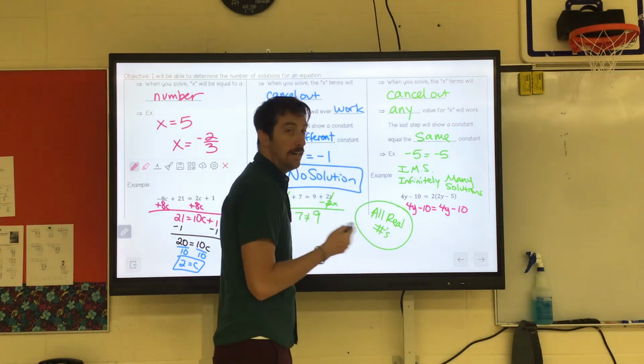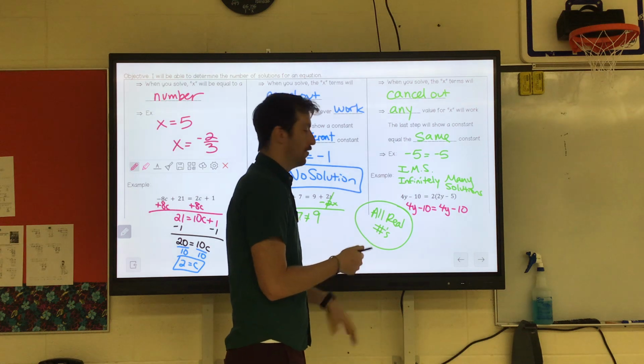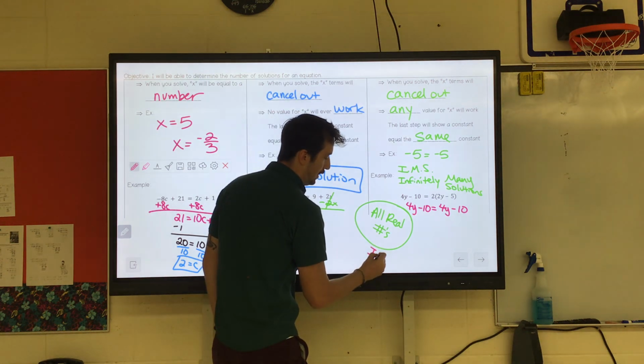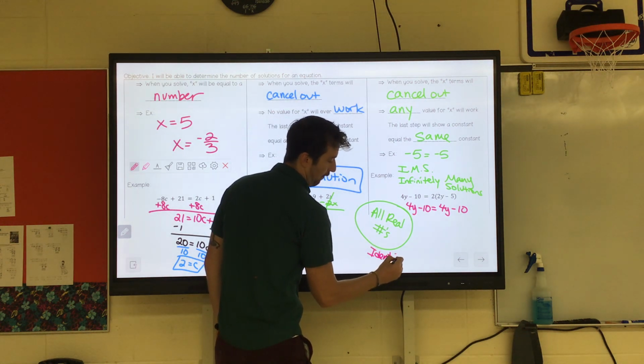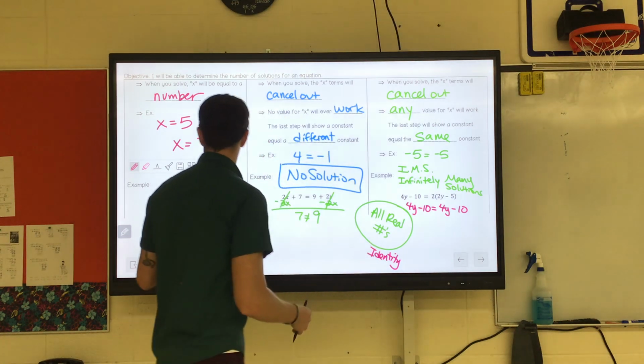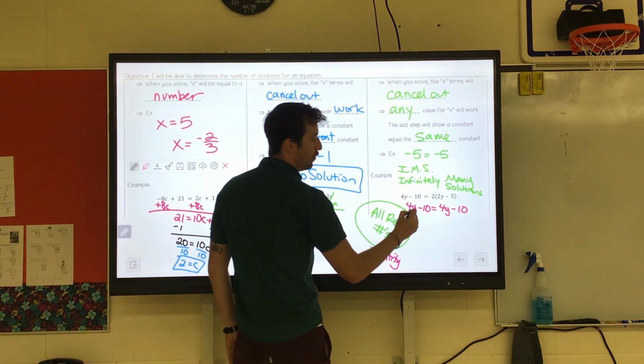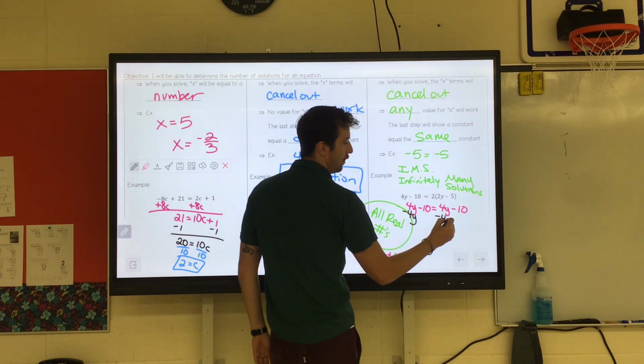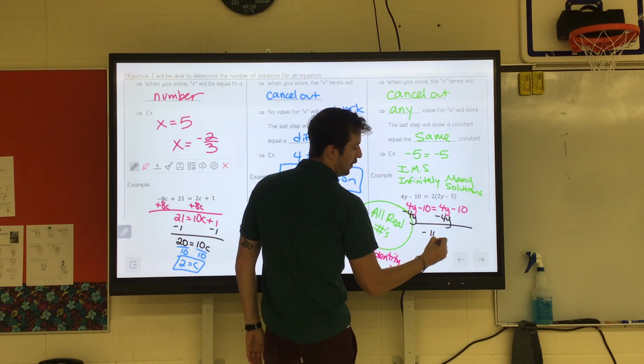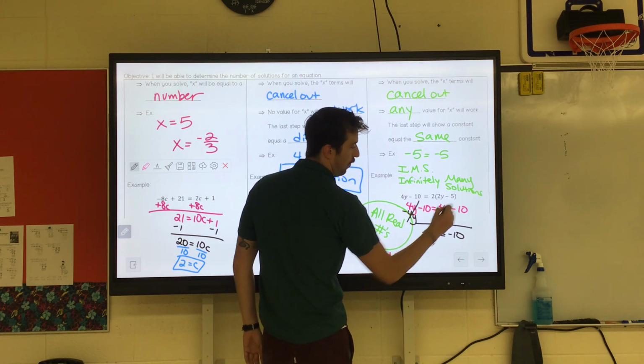Now, they look identical, so sometimes this is also referred to as an identity. So if we were to subtract 4 y's from both sides, we'd have negative 10 equals negative 10. All the y's cancel out.